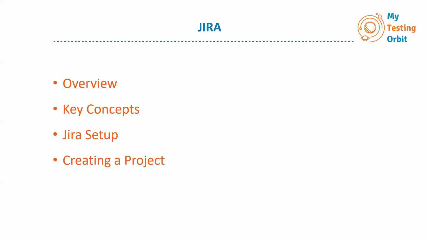It's mostly used outside the IT team as well, because it's used as a central tool for different kinds of things you can do within the organization. That's why sometimes an entire organization depends heavily on Jira for different purposes.